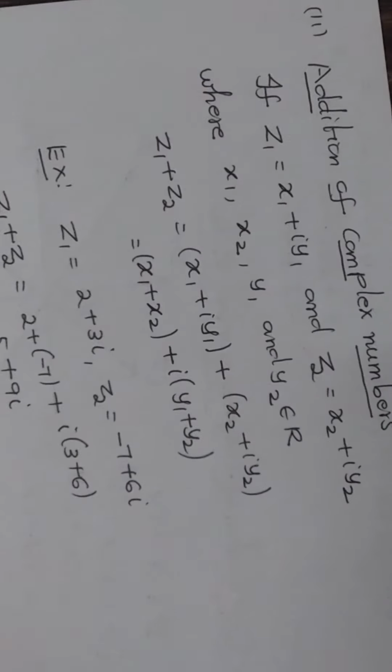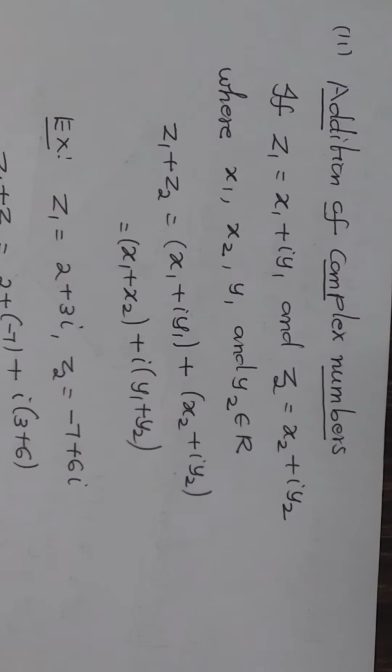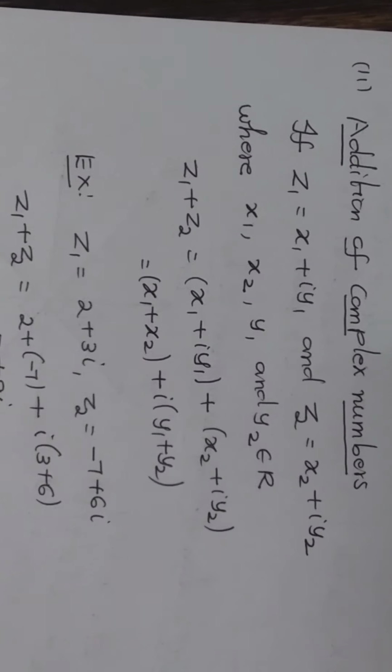Addition of complex numbers. See here, very important part. Suppose you want to add two complex numbers, then how will you add? I am taking two complex numbers z1 and z2 and adding them. Very simple. If you want to add two complex numbers, add the real part separately and the imaginary part separately. That much simple.